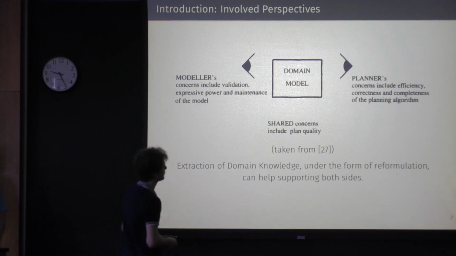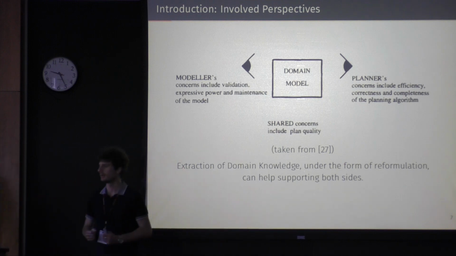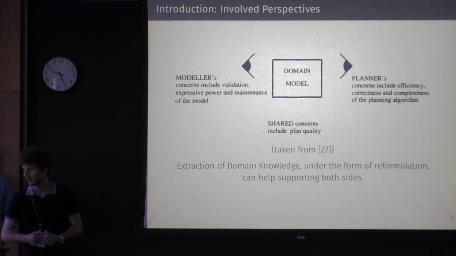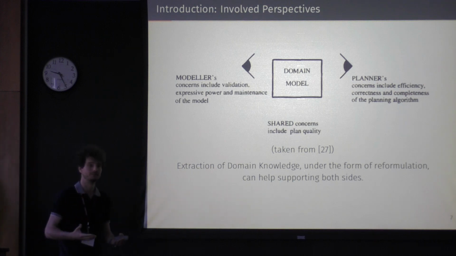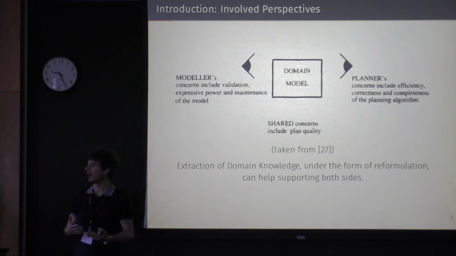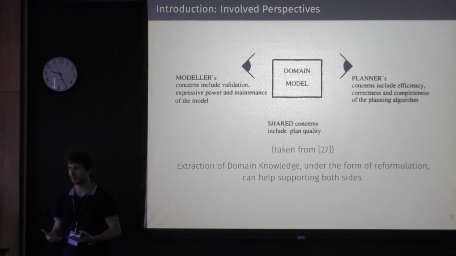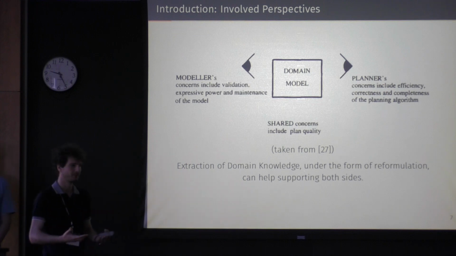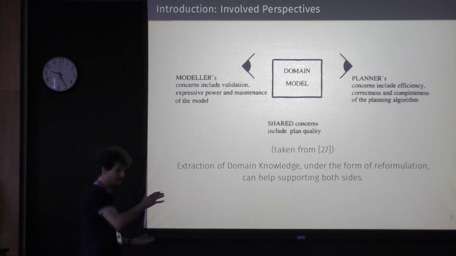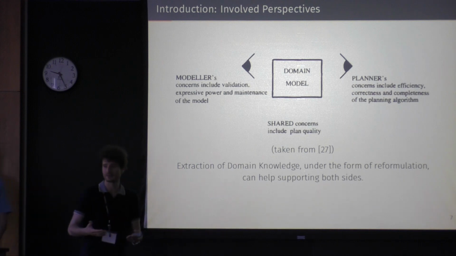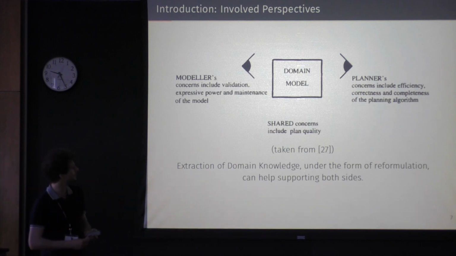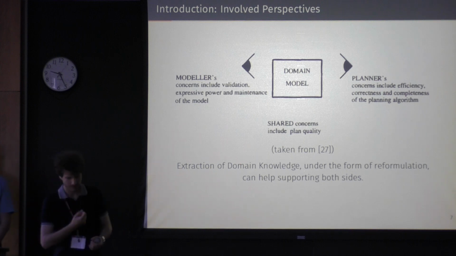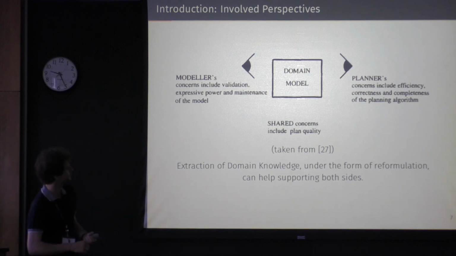And also you have some sort of shared concern between these two perspectives, which is the plan quality. So you as a human are encoding the knowledge in a way in which you believe good plans can be created. They must all be valid, but you may have some preferences on the shape in order to define the quality of these plans. And this is also a concern which is shared by the planner.